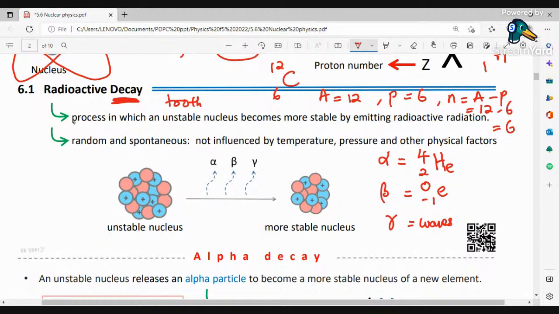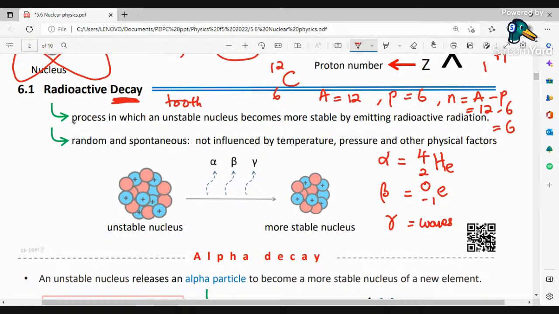Maksudnya sebahagian daripada gigi tu dah hilang, betul tak? Sebahagian gigi yang hilang tu kita panggil tooth decay. The same thing happens if you discuss radioactive decay, means there is a loss of the mass of the nucleus. Then the nucleus, that lost mass, will emit radiation and energy, nuclear energy.